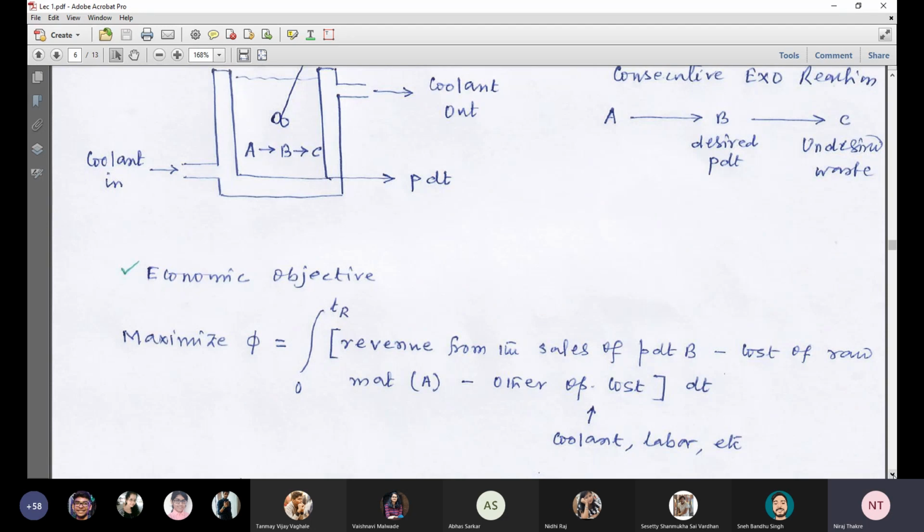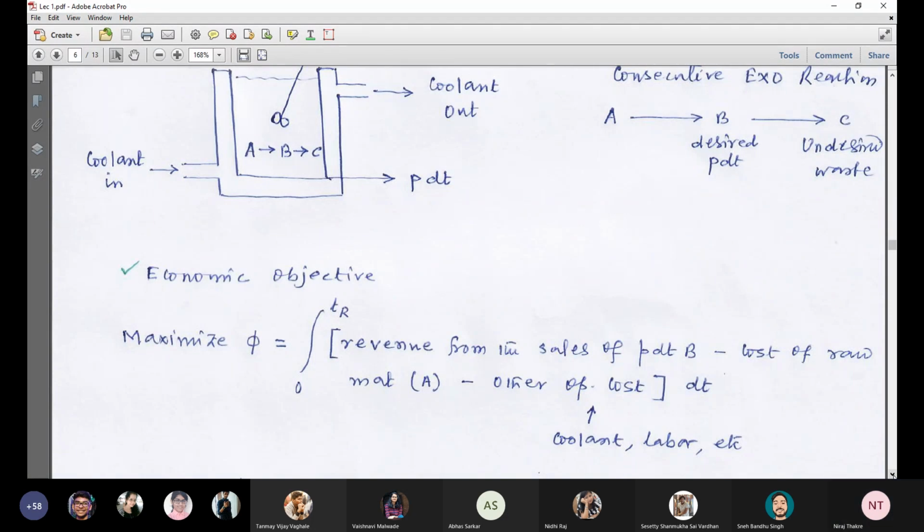Expenditure in terms of raw material and other operating cost. Fine. And 0 is our starting time in the integration, and T capital R is the operating time or run time. How long we are running the process.